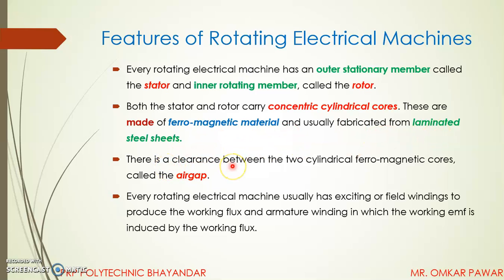So there is a clearance between the two cylindrical ferromagnetic cores called the air gap, and every rotating electrical machine usually has an exciting or field winding to produce the working flux, and an armature winding in which working EMF is induced by the working flux.